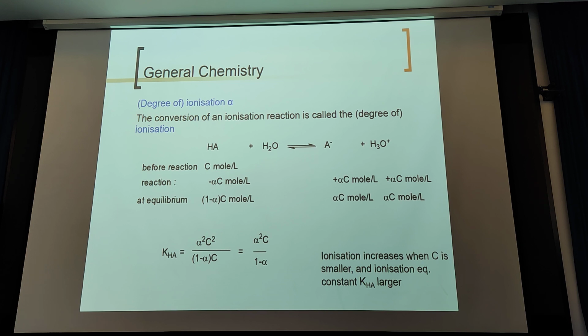If we concentrate our weak acid, it's going to be less ionized, relatively speaking, so the degree of conversion is going to go down. The constant, of course, remains the same as long as we don't change the temperature. But the degree of conversion is dependent on concentration and temperature.